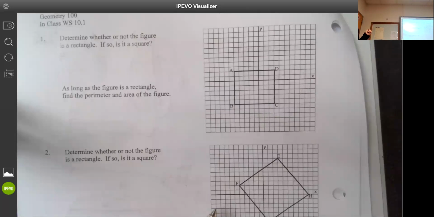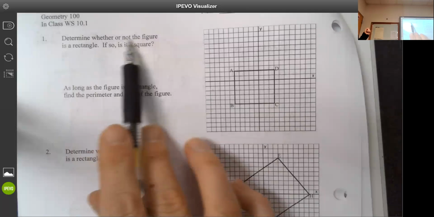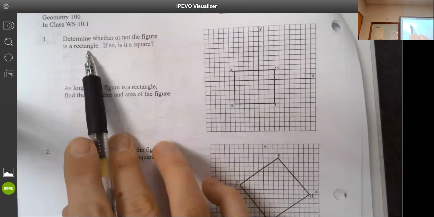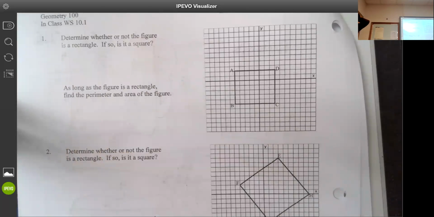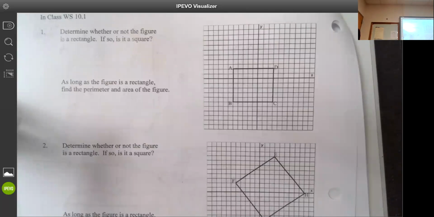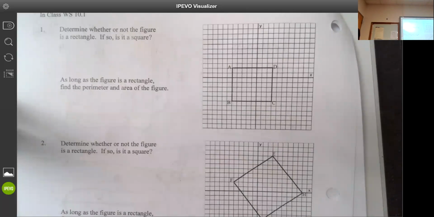So the first question it asks for each is determine if the figure is a rectangle. If it is a rectangle, is it a square? It's not necessarily always going to be a rectangle though. Okay, so you're just answering, is it a rectangle? If it is, then is it a square? Okay, so I'll give you a moment to look at this. This is for you to try, and then we'll go over these and see how we did.